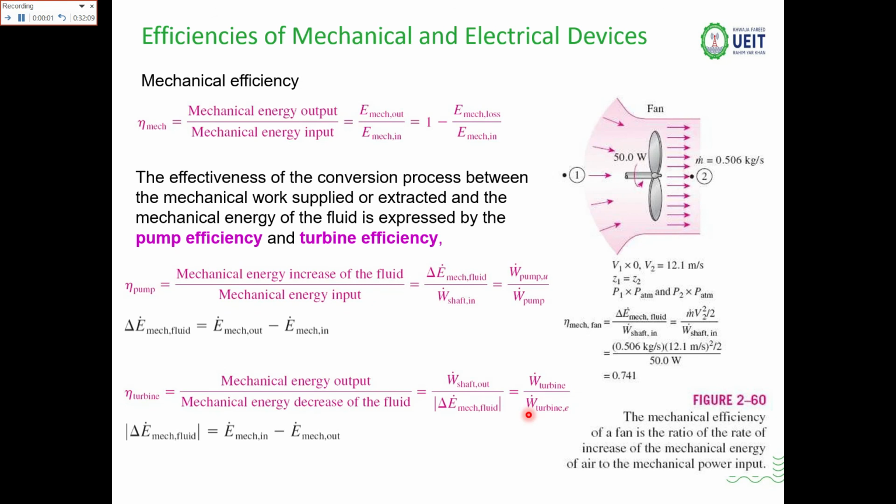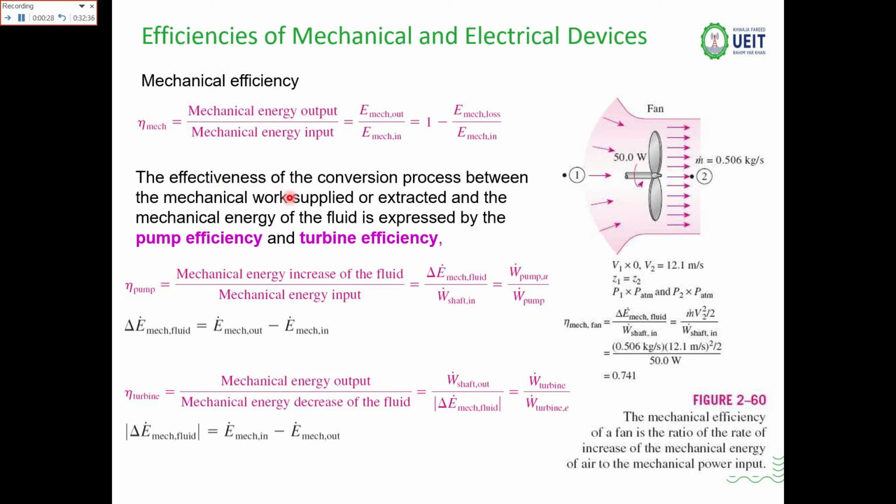Now the efficiency of mechanical and electrical devices. Mechanical efficiency equals the mechanical energy output, E mechanical out, over the mechanical energy input, E mechanical in, or we can say it equals 1 minus E loss over E in.